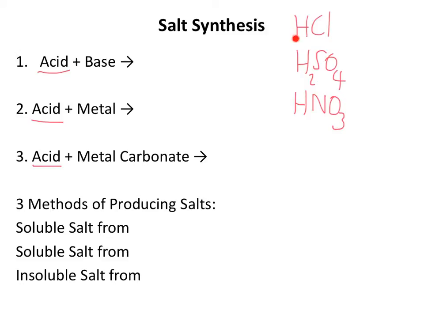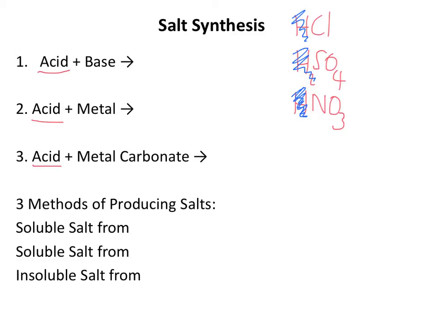When hydrochloric acid loses its H+, you form chlorides, metal chlorides usually. When sulfuric acid loses its H+ ions, it forms sulfates, and when nitric acid loses its H+, it forms nitrates.